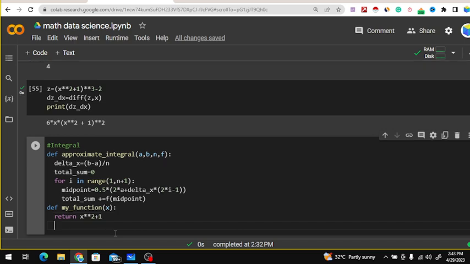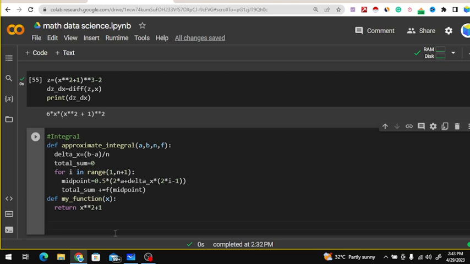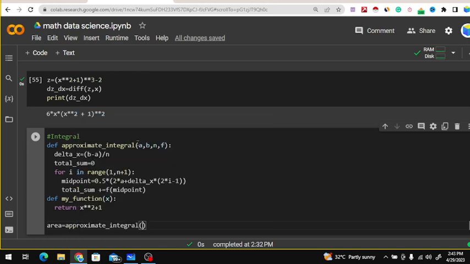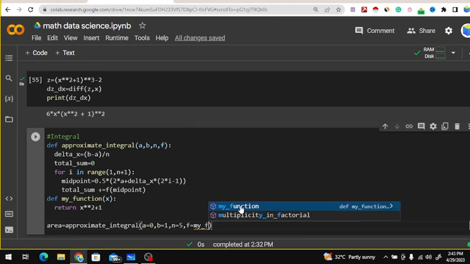And now I want to get the area, so let's see what the area will be. Area should be approximate_integral, where a should be equal to 0, b should be equal to 1, n should be equal to 5, and f should be equal to my_function. It's clear. So I have written area.